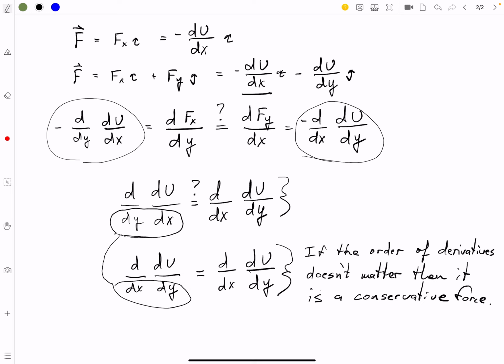And if the order of derivatives matters, then the force is non-conservative.